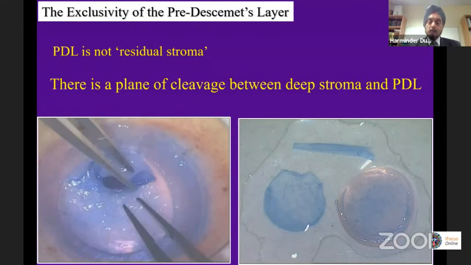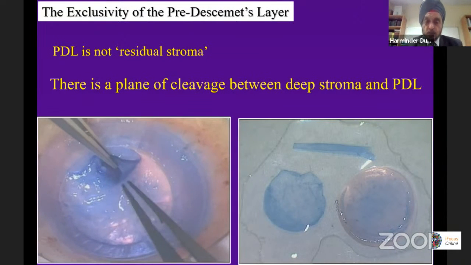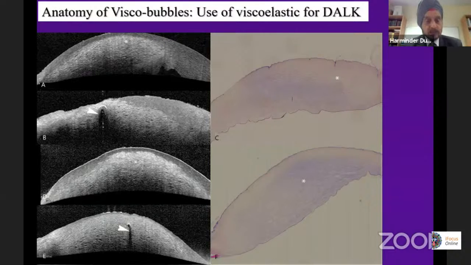Now, this is very important. Many of you may not know this, but it's quite an interesting clinical fact which one has to be aware of. Many people do visco-bubbles for DALK. Now, if you inject viscoelastic, you can get a successful DALK. But here you get the fourth type of bubble.